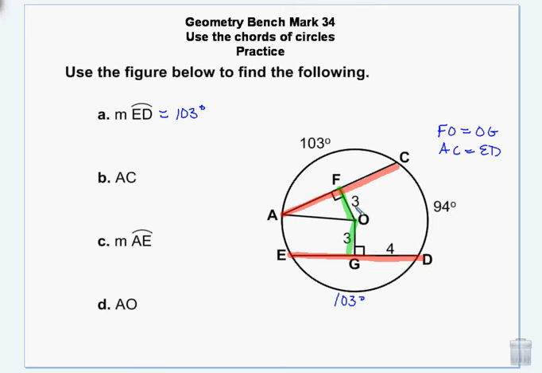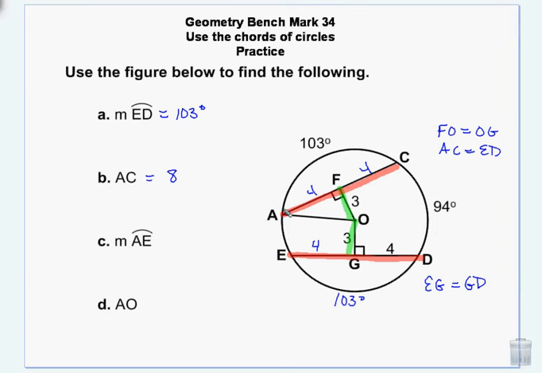And perpendicular diameters bisect the chord, so I know that EG is equal to GD. So if this is 4, then this is also 4. Well, because AC is the same as ED, that means this is 4 and also that is 4. Okay, so AC would be 8. Does that make sense?